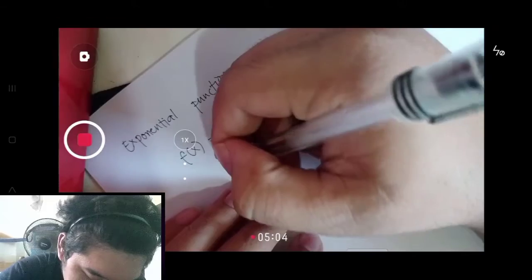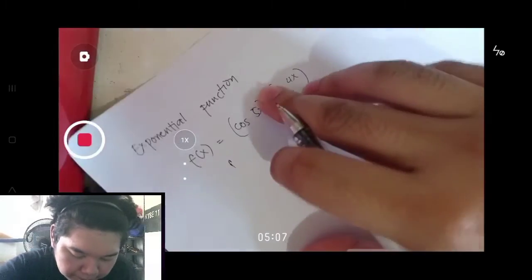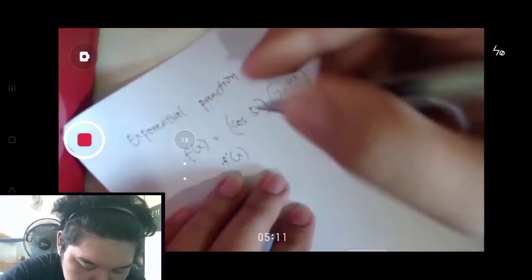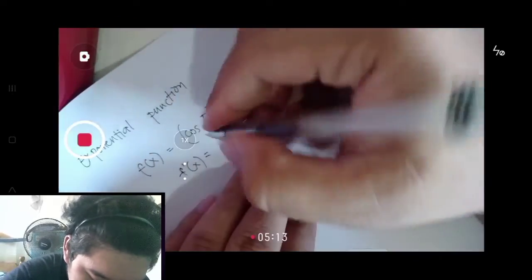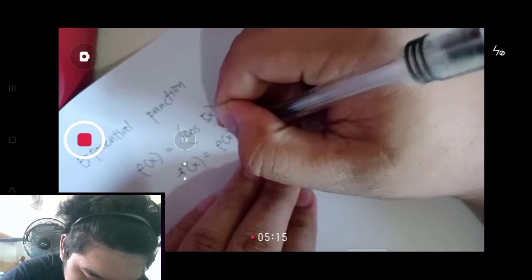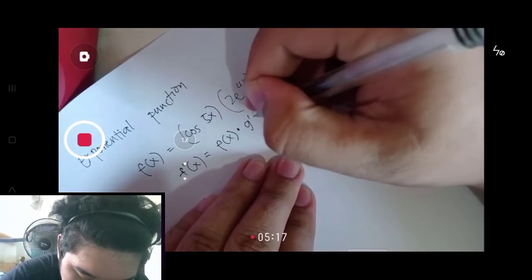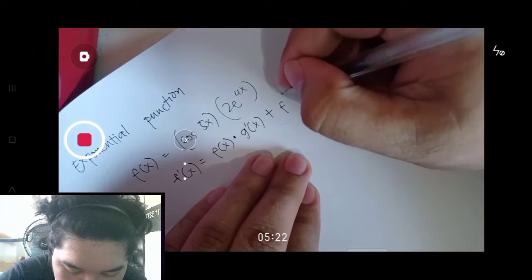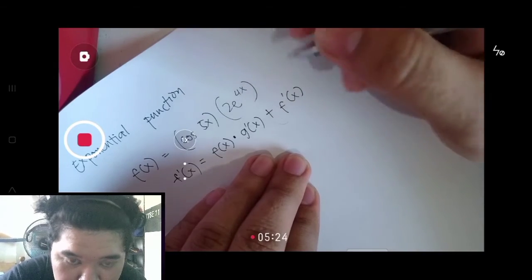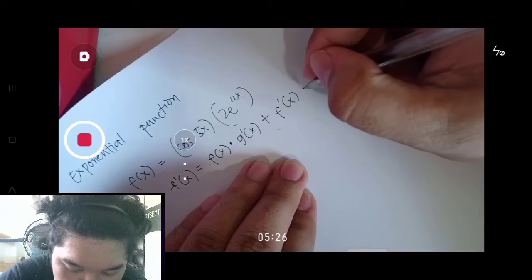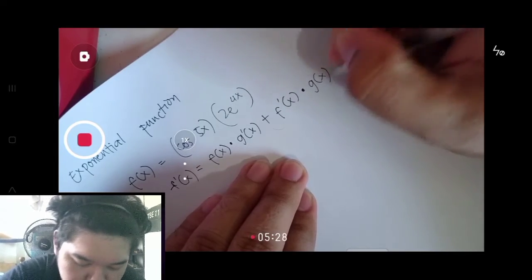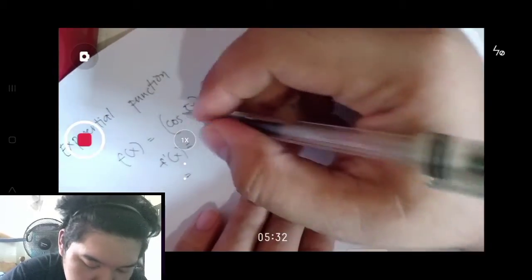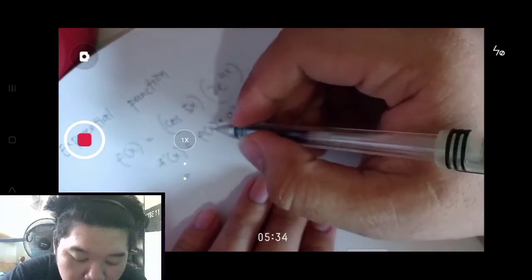So the product rule is f prime of x is equal to f of x times g prime of x plus f prime of x times g of x. So ang f of x natin is, substitute lang natin to sa equation.